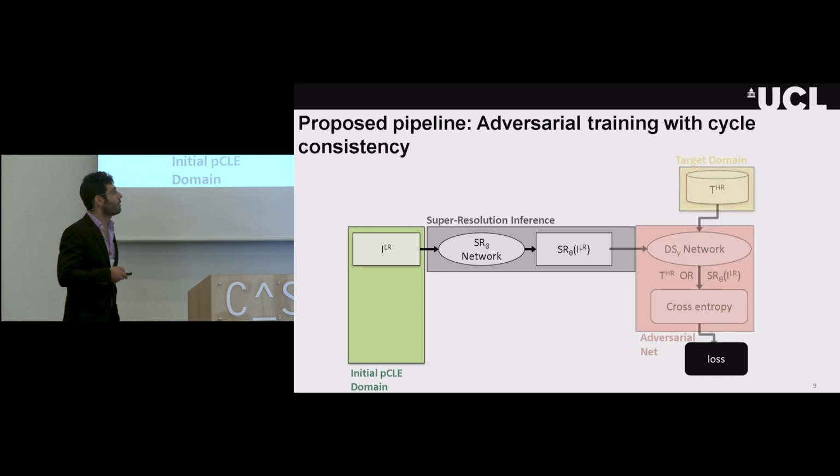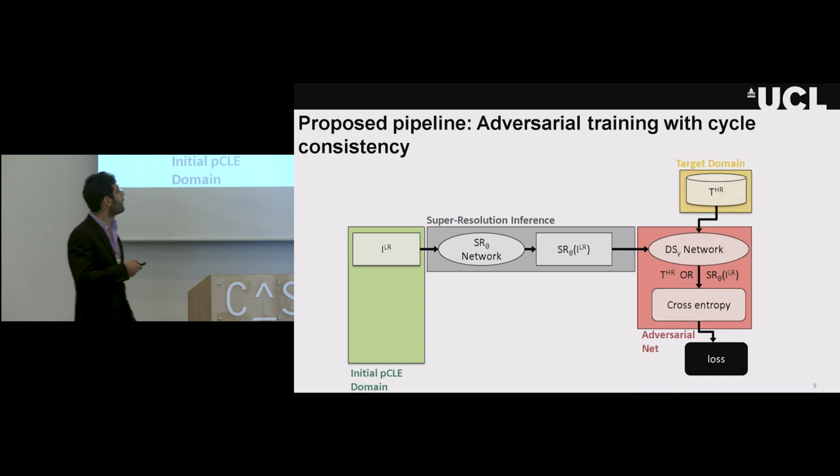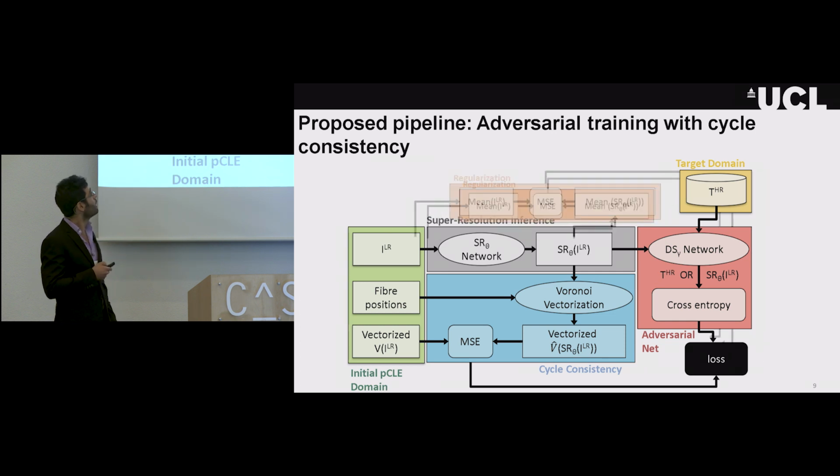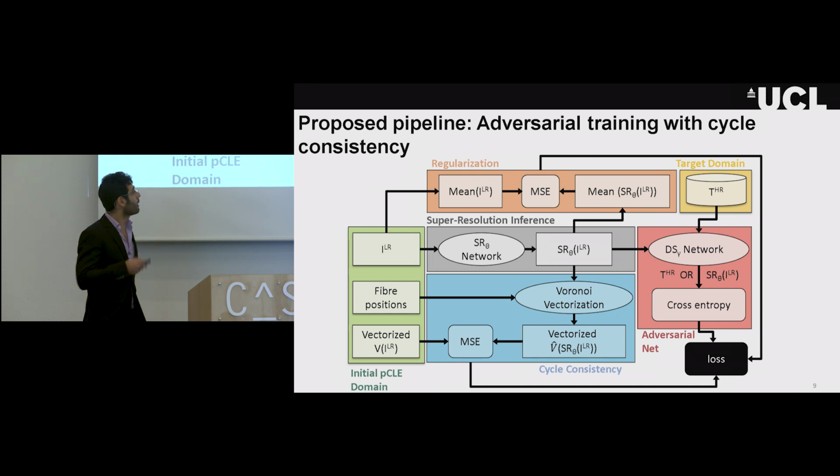The second network is a discriminative network that takes as input the output from the super resolution network and the high-quality images from a target domain and tries to distinguish images from these two sets. As I mentioned before, this is not enough since the low-res images and the high-res images are not aligned. So we had to include this extra cycle consistency that is based on the Voronoi vectorization, and I will explain this on the next slide. And finally, we add a regularization term to better train the network.